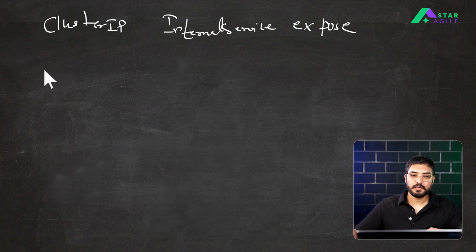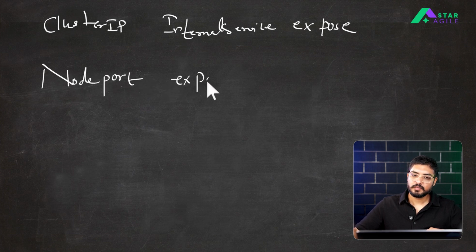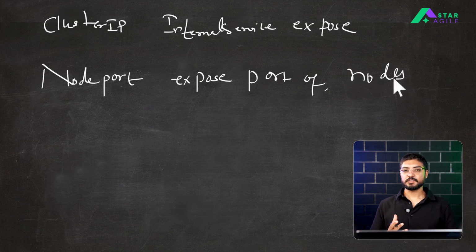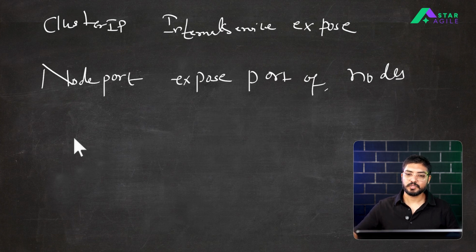In short, if you want to use node port, which means that if you want to expose any port of your node, you can use the node port type of service. The detailed explanation you will find in the Kubernetes documentation, but I'm just trying to explain the comparison between all of them.